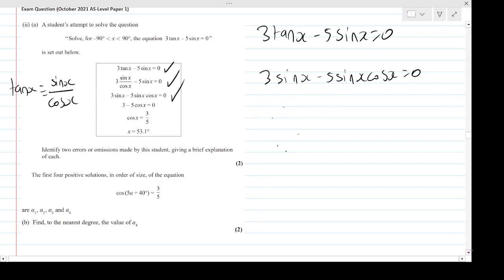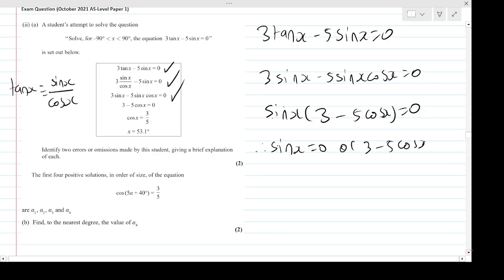Well, remember I keep banging on about you need to try and factorise whenever you can. We actually can factorise here because a sine x is common to both terms. So if we factor a sine x out, we get sine x lots of 3 minus 5 cos x equals 0. That then gives us 2 different brackets, right? 2 factors equal to 0. So that means therefore either sine x is 0 or 3 minus 5 cos x is 0.